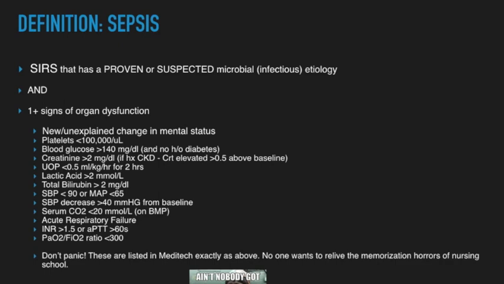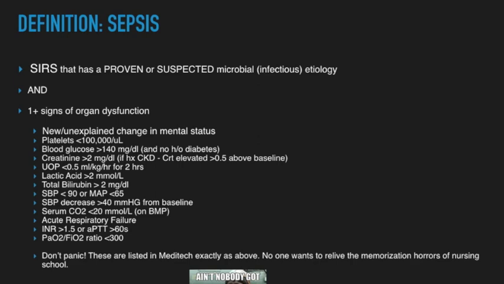So next is the actual definition of sepsis. Sepsis is the SIRS criteria in addition to a proven or suspected microbial or infectious etiology, plus one or more signs of organ dysfunction. I'm not going to read all of the signs of organ dysfunction here. There are quite a few of them.